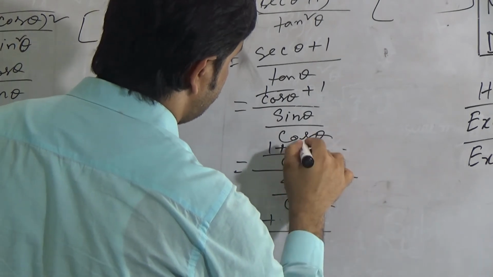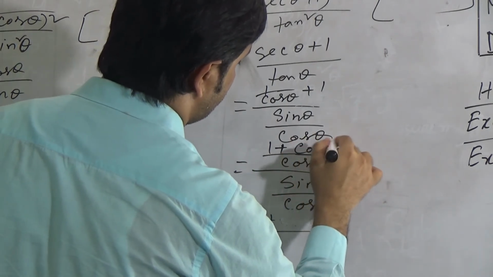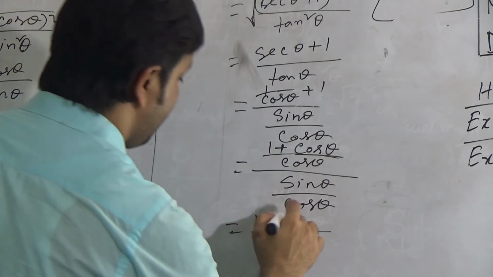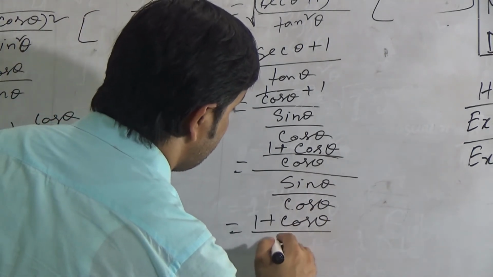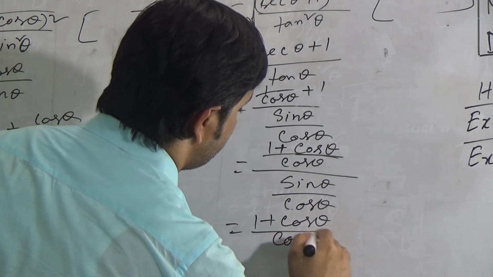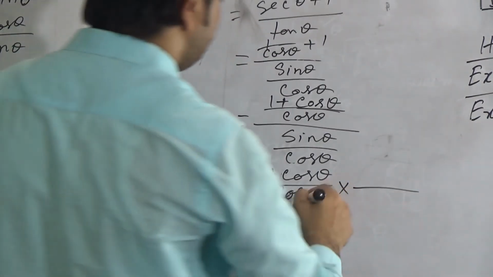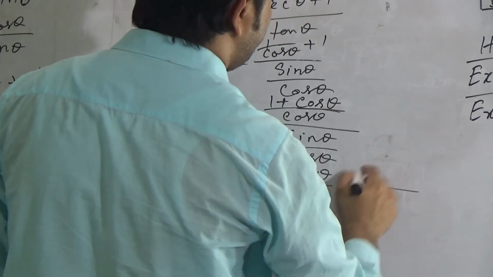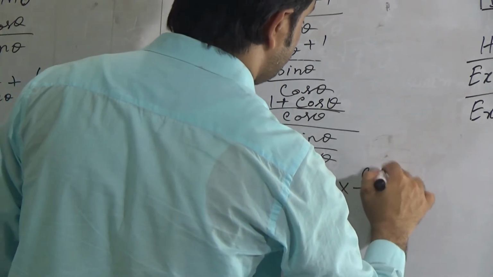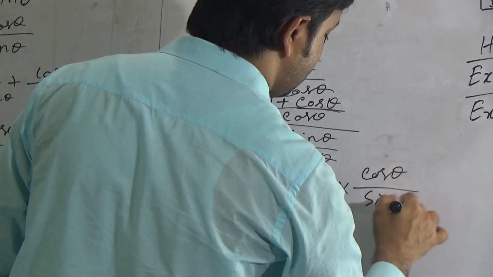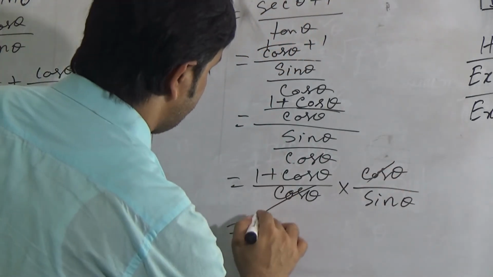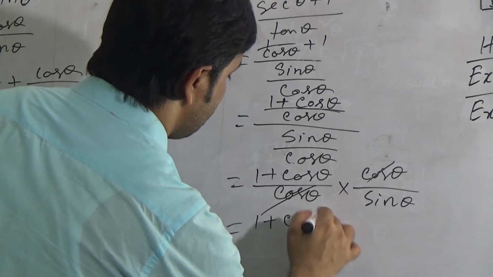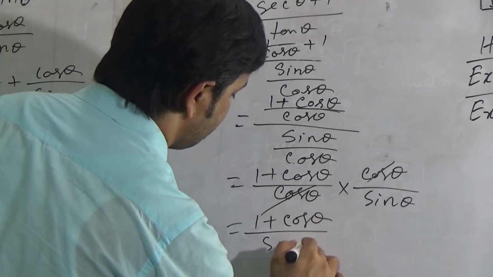If we do the LCM it will be cos theta. Now we get 1 plus cos theta over cos theta, and we have to multiply this by the reciprocal of the fraction. Cos theta will go to the numerator, sin theta will go to the denominator. This cos theta vanishes, so we can write 1 plus cos theta divided by sin theta.